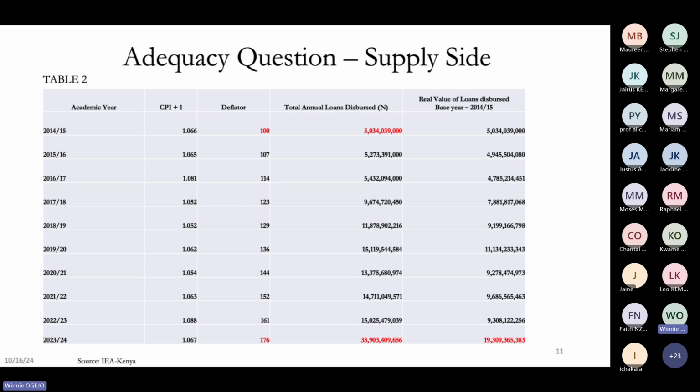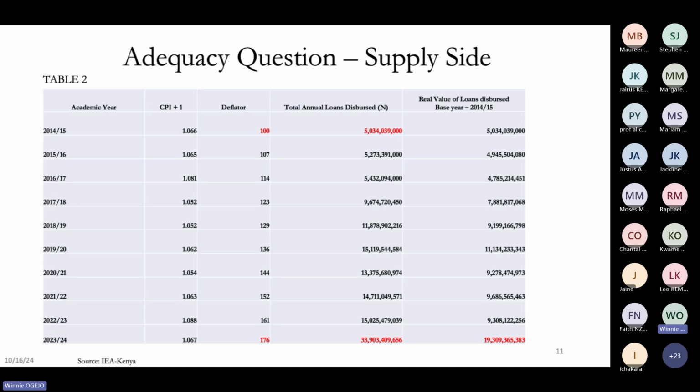2023-2024. What does this deflator do? The deflator allows us to index and calculate the change in buying power over a period of time. And in doing that, what we are taking into account is inflation and time. And the time we are speaking about in this case is a period of 10 years.